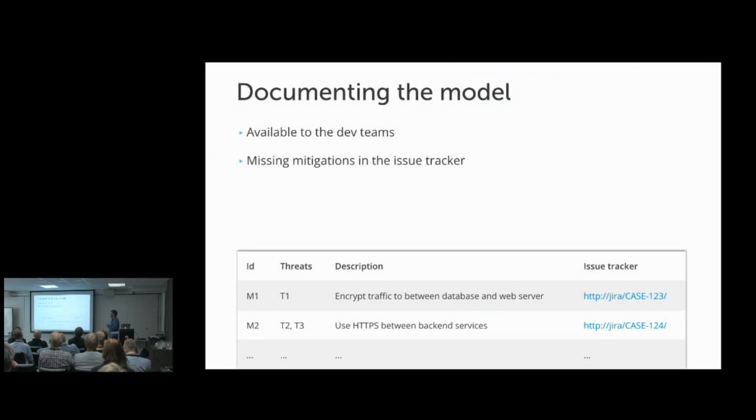Once we've documented the model and we've documented all the threats, a thing that I really like to do as well is to have a last column here when it comes to the mitigation and just link in the issue tracker. So I register a case in the issue tracker and I link that in here. So it's really easy to check the status. Is this mitigation in place? Well, I can click this link and I can see it, or if you're using Confluence and Jira, you'll magically get the green thing here.